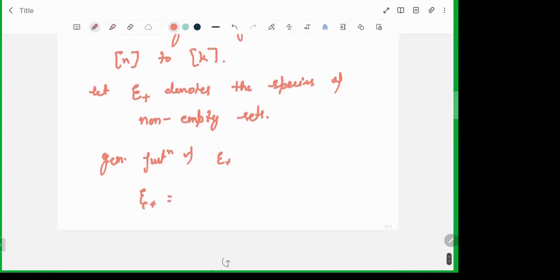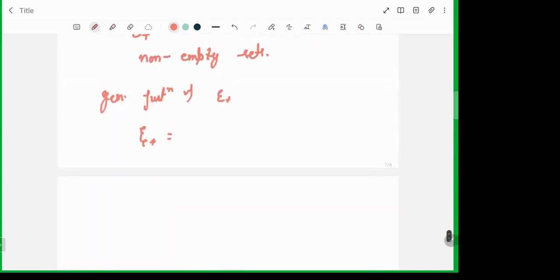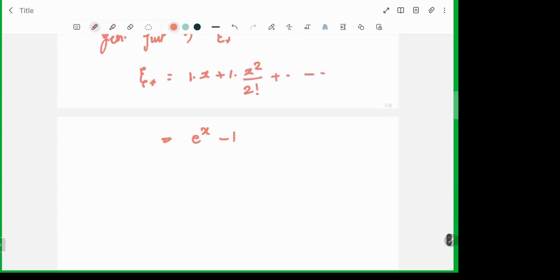The number of sets of cardinality one is precisely one, so 1 times x to the power 1. Then non-empty sets of cardinality 2 give 1 times x squared by 2 factorial, plus so on. So that is precisely e to the power x minus 1, right? So this is the generating function of this one.